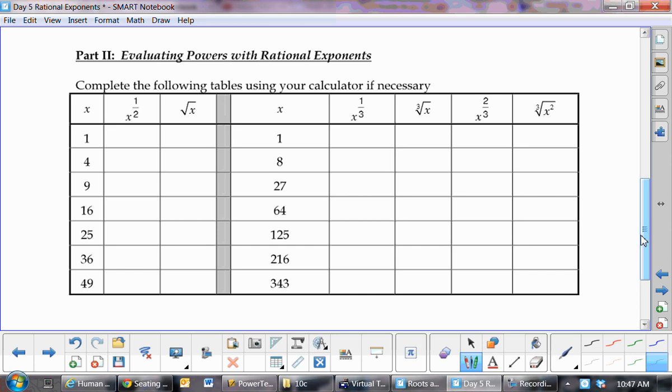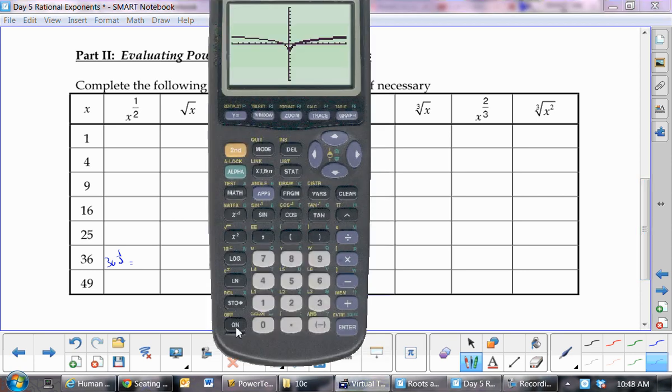we're going to start just building this chart here. Anybody, let's just go down the chart. What would 36 to the 1/2 equal? Okay. Well, luckily you have this awesome thing.